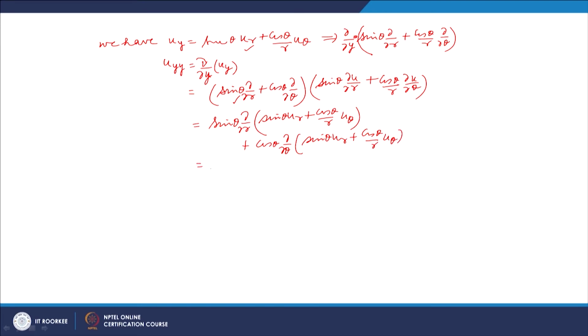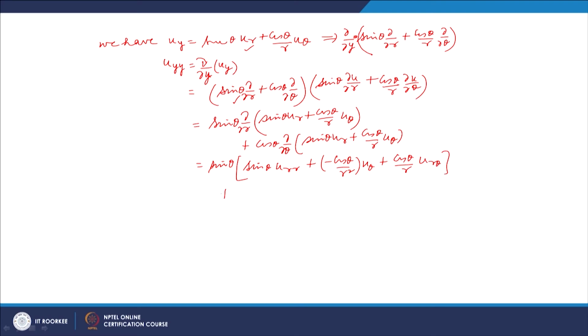What do we get? r and theta are independent, so the derivative of sin theta with respect to r will be 0. So we get sin theta u r r. Then we apply del over del r to cos theta, it is 0. We apply it to 1 over r, we get minus cos theta over r square into u theta, and then we get cos theta over r into u r theta.